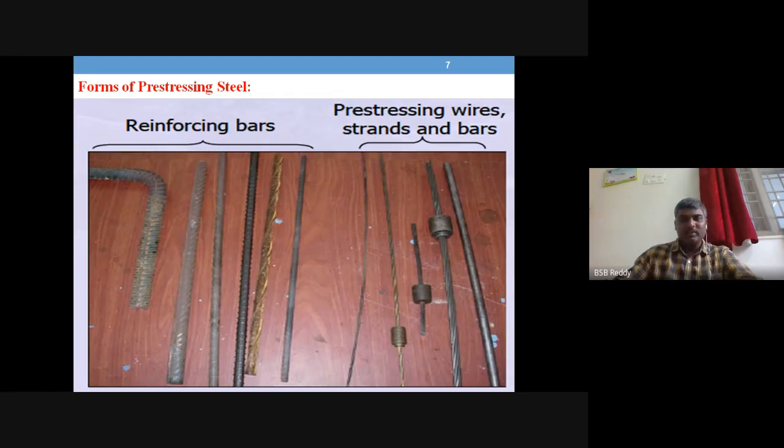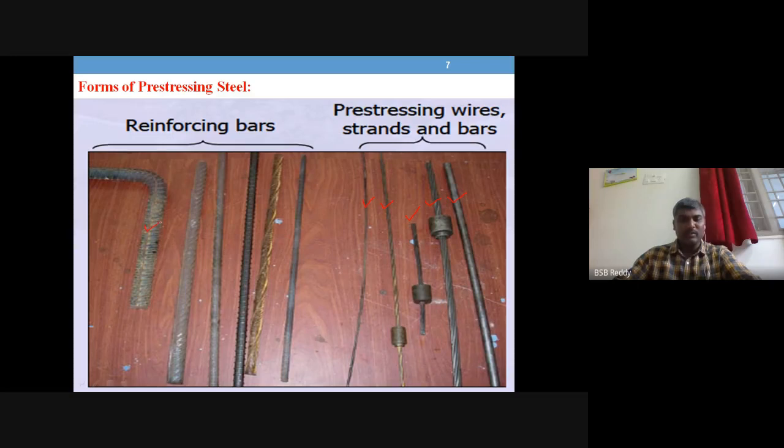Okay, and you can see this diagram that will show you the difference between normal reinforcing bars, which are HYSD, and prestressing steels. So this is a wire, a strand, a cable, then a single bar. This is how the high strength steel is available.